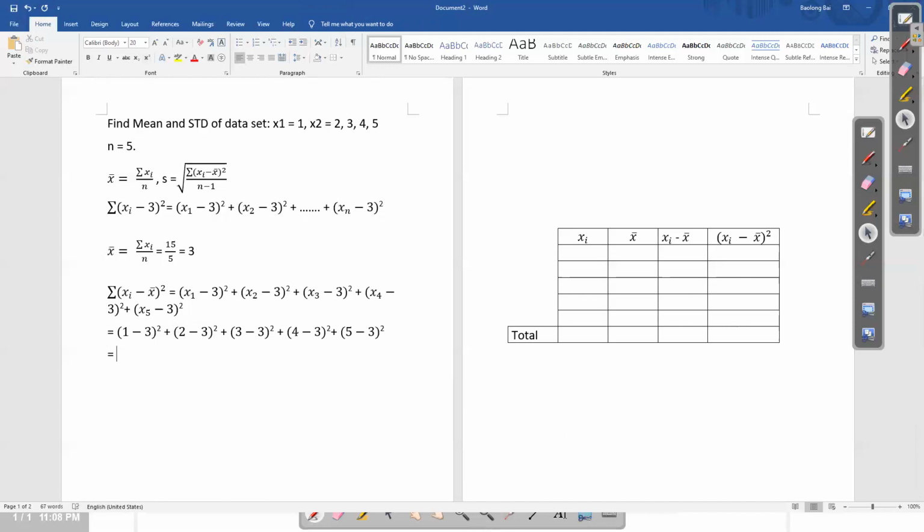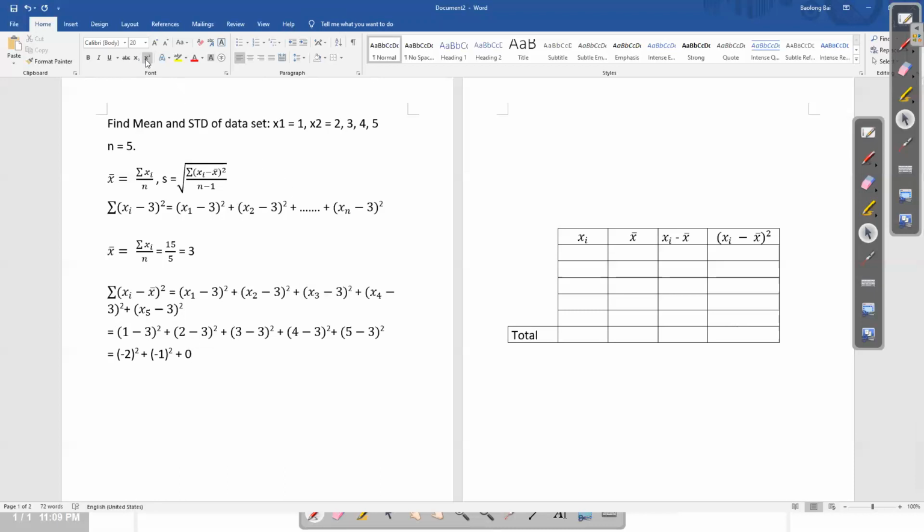Then we calculate, right? These are simple algebra. So 1 minus 3, that's negative 2. Then take a square. And then 2 minus 3, that's negative 1. And then take a square. And then 3 minus 3 is 0.